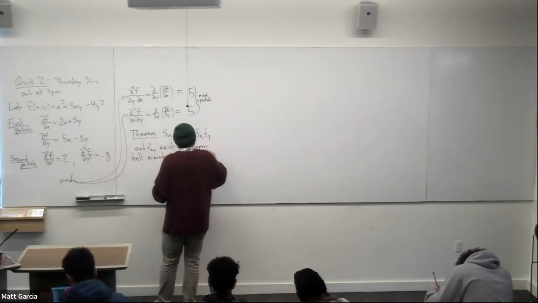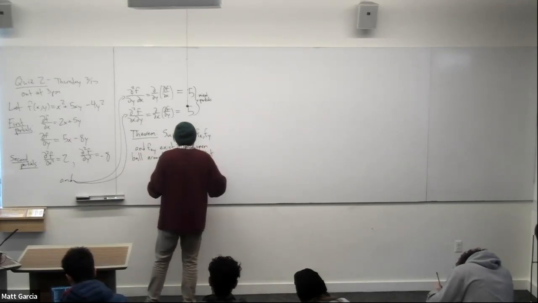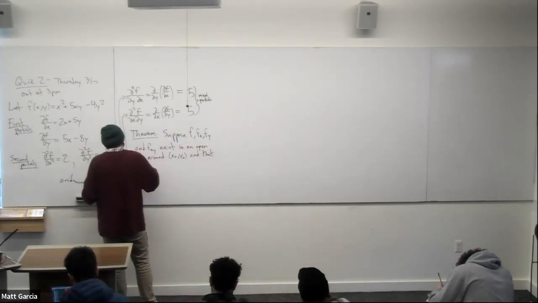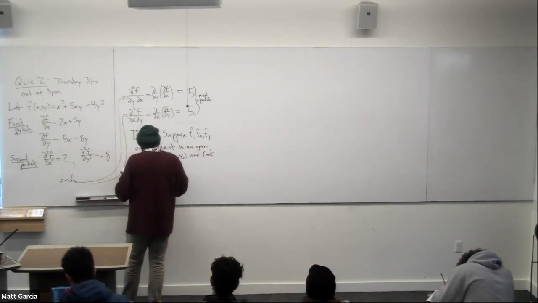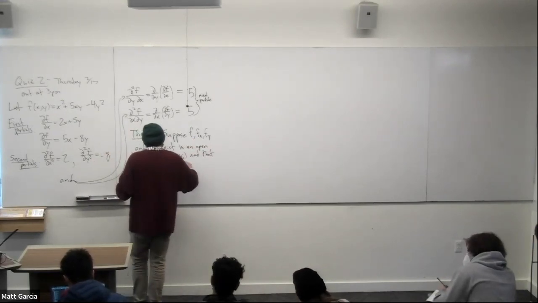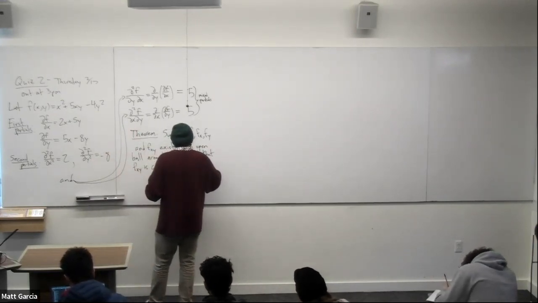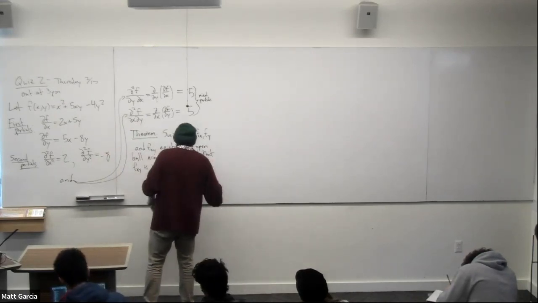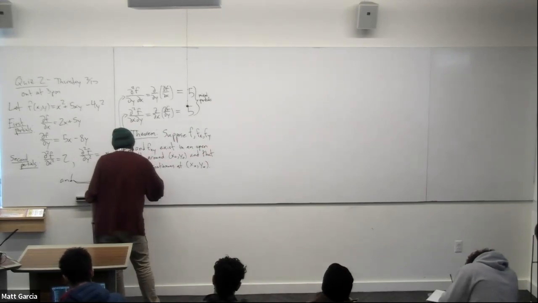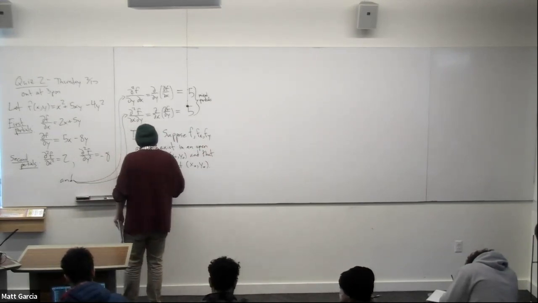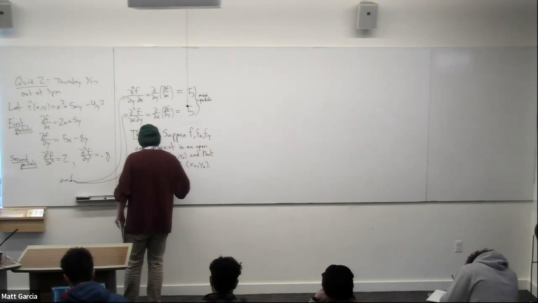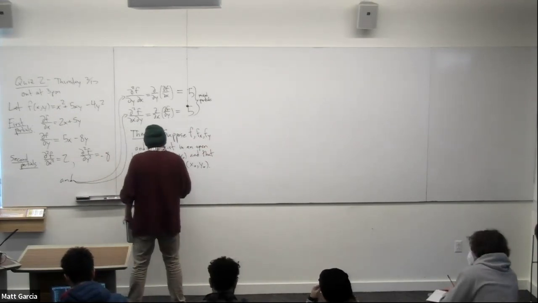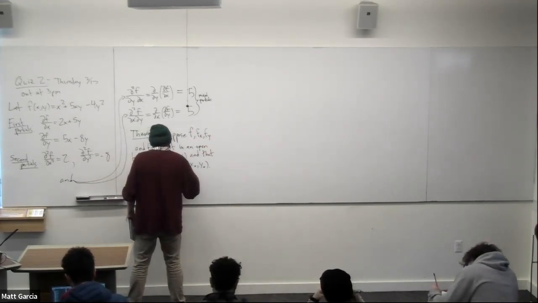And furthermore, we will also assume that the mixed partial f x y is continuous at this point that we're considering, x naught, y naught. Well, if all this is true, then the other mixed partial, fyx, must exist.